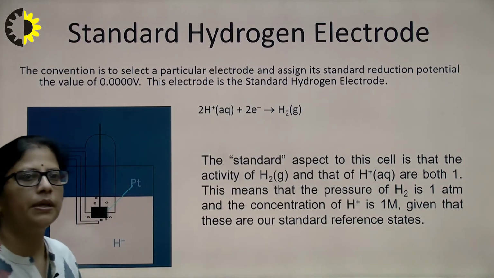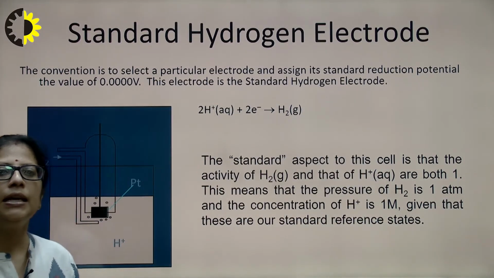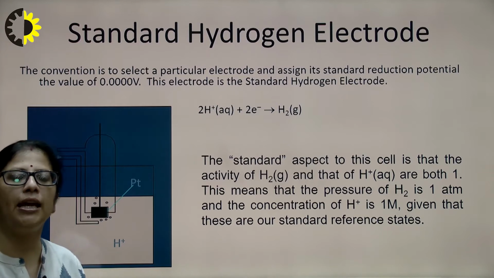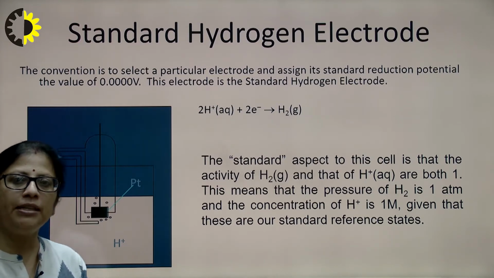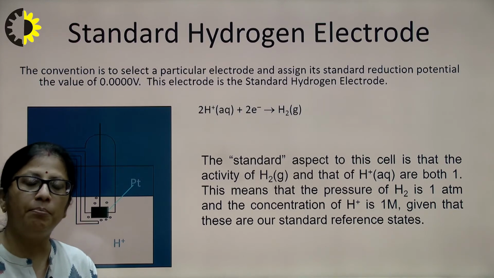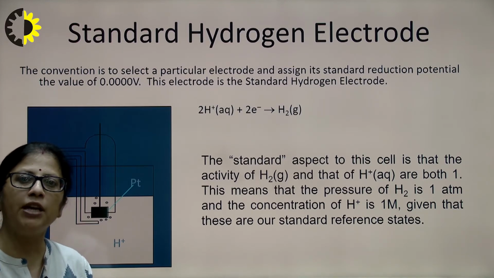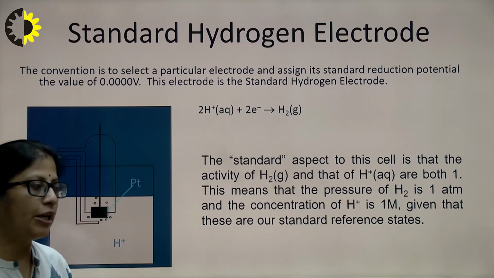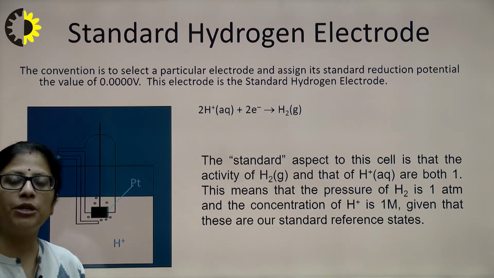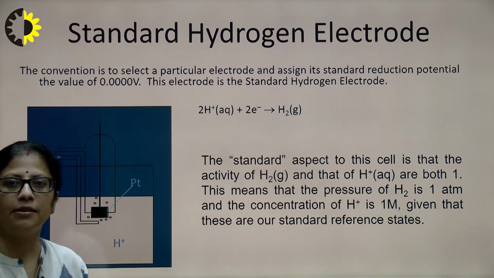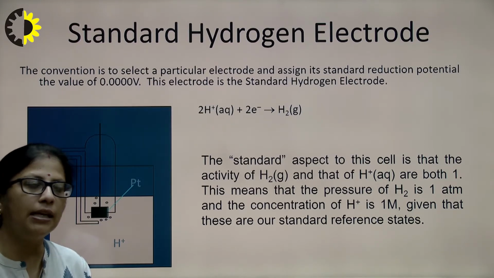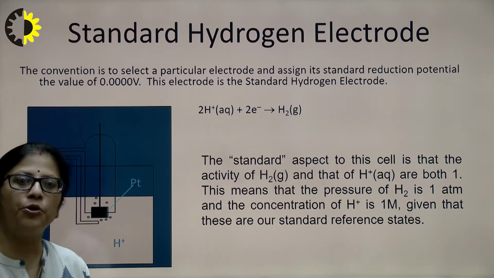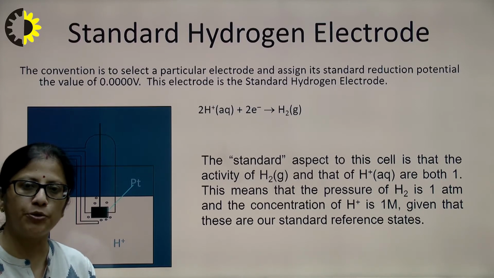Now, next is the Standard Hydrogen Electrode. We can measure the difference in the cell potential, but for finding out the potential of the half cell, we have to connect it to an electrode whose potential we have fixed as 0, and that electrode is the Standard Hydrogen Electrode or the normal hydrogen electrode.